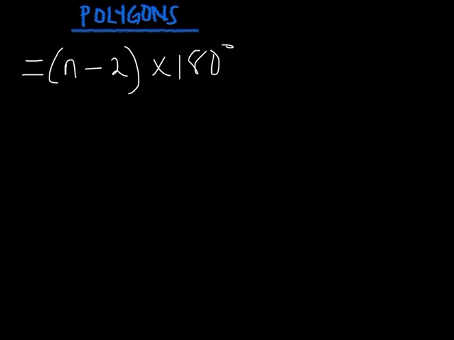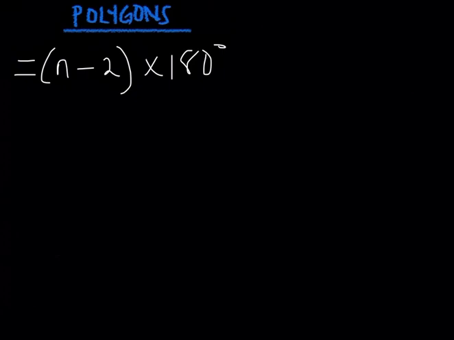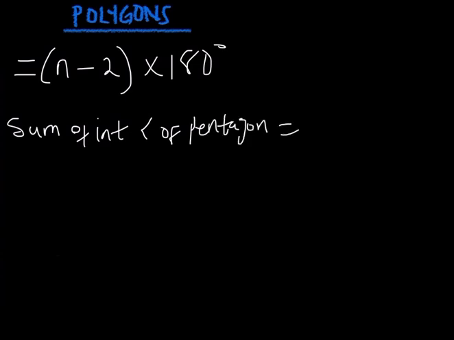Now, let's say, for example, we are asked to determine the sum of the interior angles of a pentagon. We would say the sum of interior angles of a pentagon is equal to, since the number of sides of a pentagon is 5, we would replace n with 5. (5 - 2) times 180 degrees.